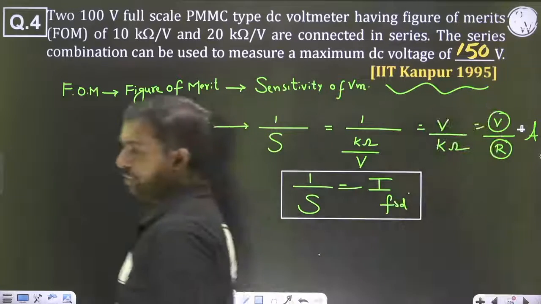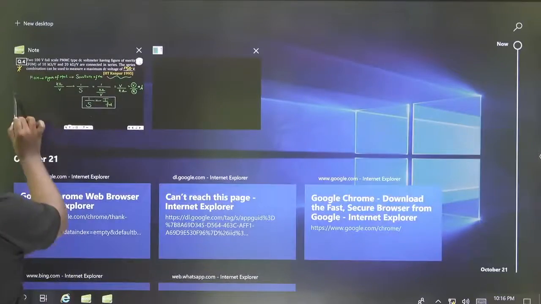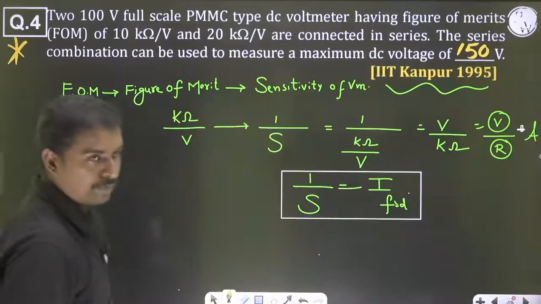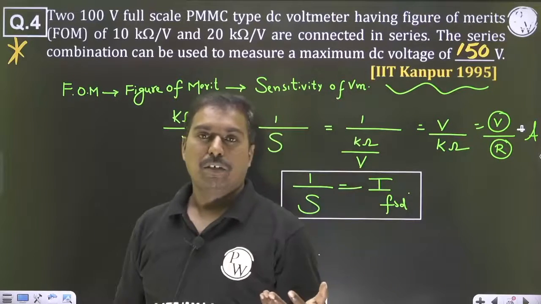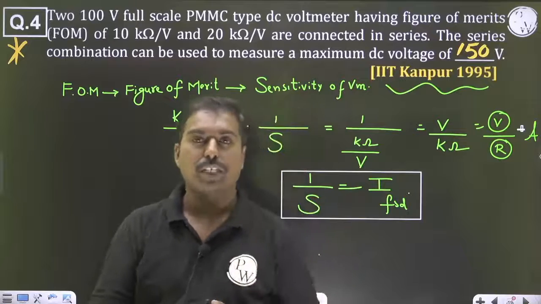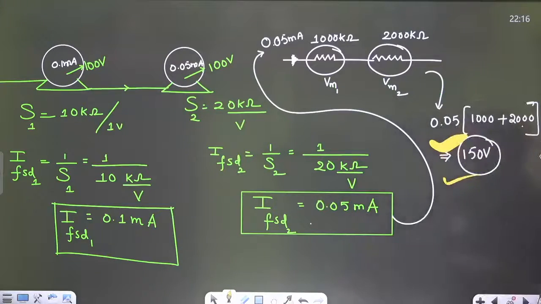Please make a note. Very good. The only thing you have to understand is that the inverse of sensitivity is the full scale deflection current, IFS. I hope all of you followed.